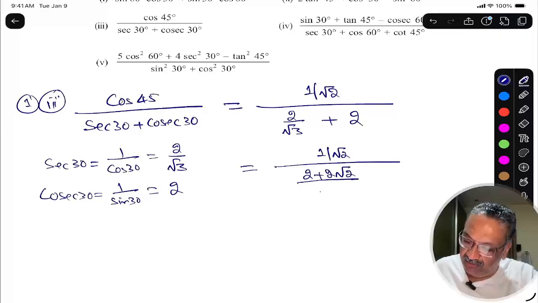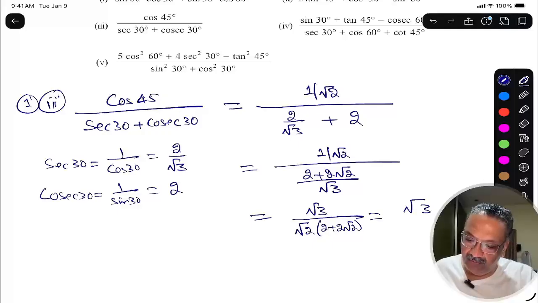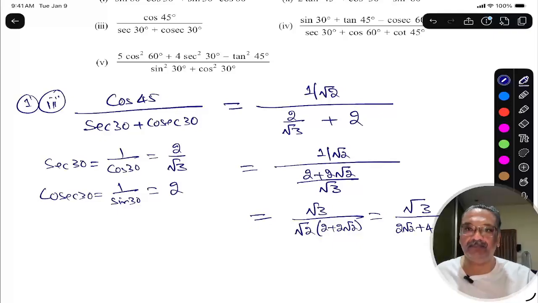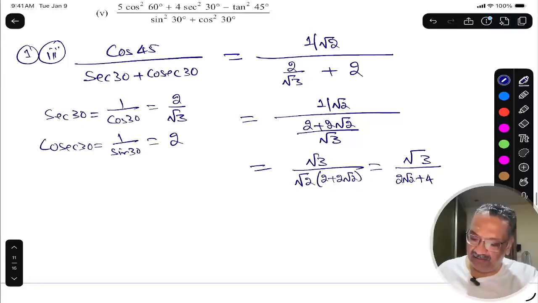Root 3 goes up, so this is root 3 divided by root 2 into 2 plus 2 root 2, which is equal to root 3 divided by 2 root 2 plus 4. Okay, this is the answer.